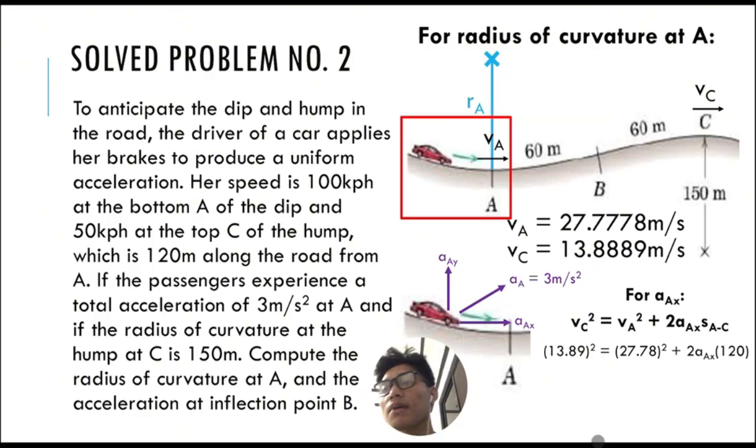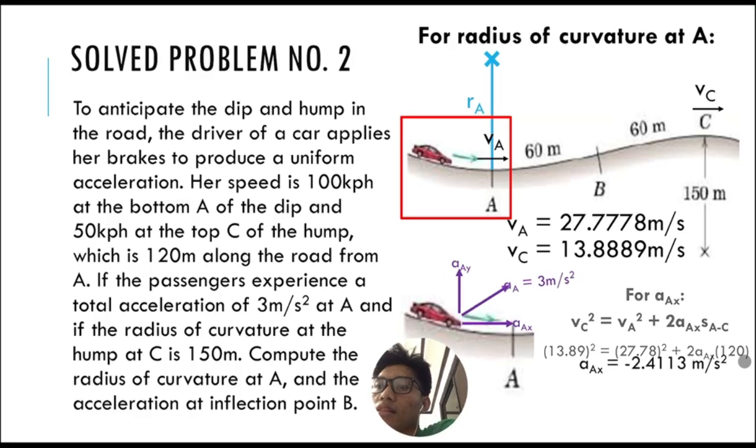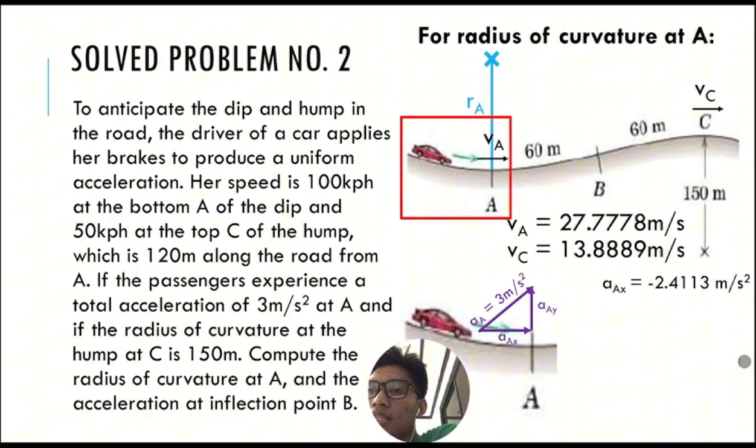Pagka nag-calculate kayo, meron tayong negative 2.4113. Sabihin, that is decelerating. Sinimplify lang natin itong part na to, kasi meron na tayong AX. Next, for AY, gamit tayo ng trigo.